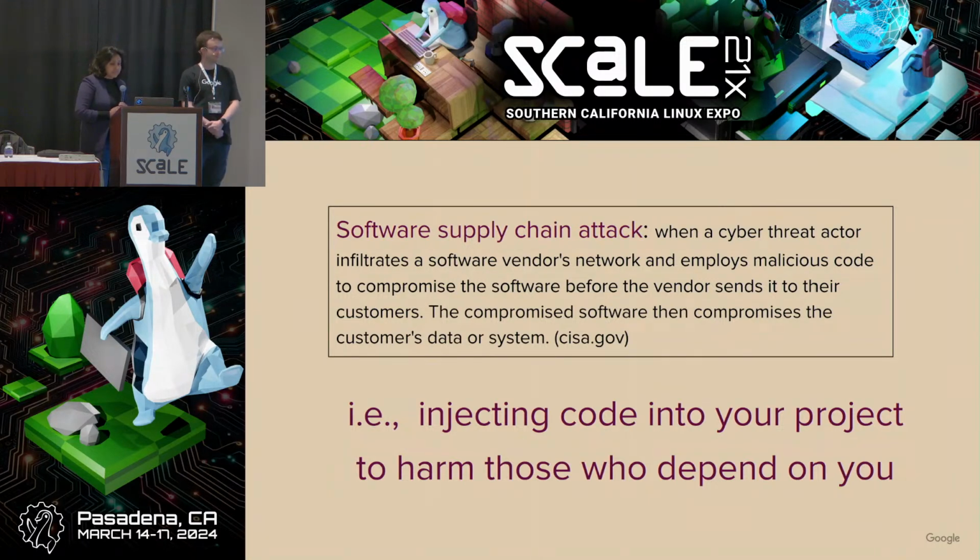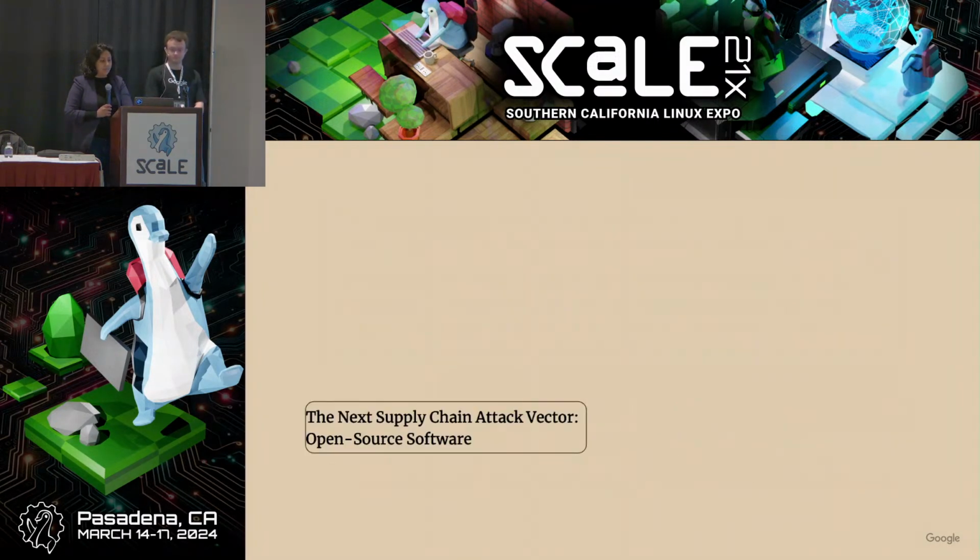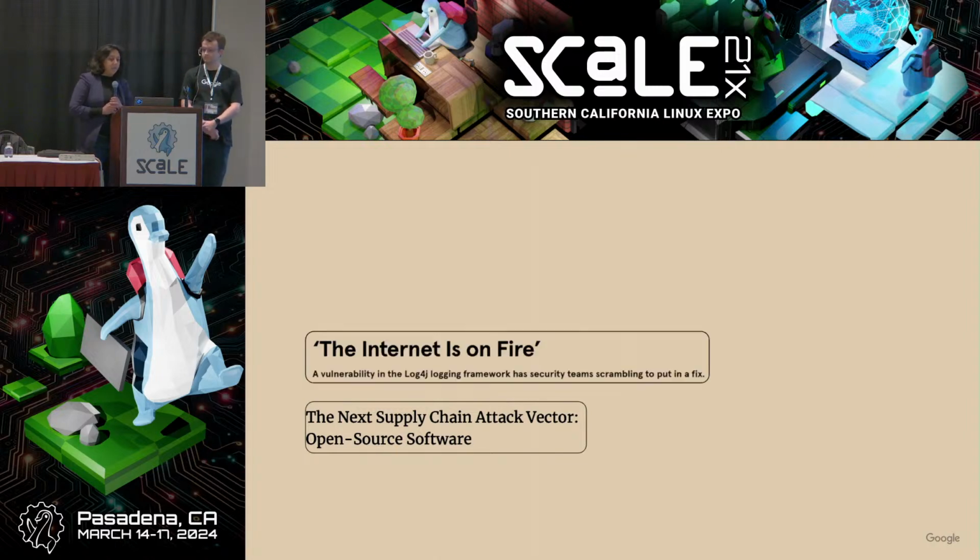Some things just start as innocent bugs that nobody had noticed. For example, one of the most recent supply chain emergencies that dominated the news started as an innocent bug that had been overlooked for nearly a decade. When it was finally discovered, it set the internet on fire.